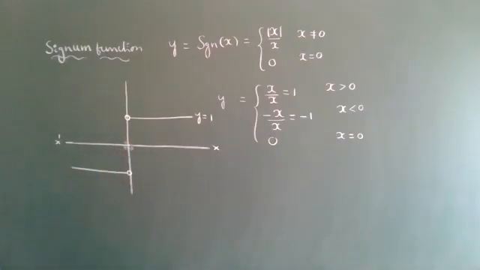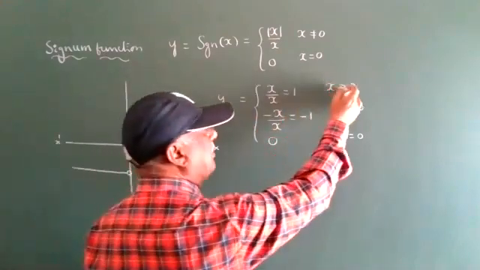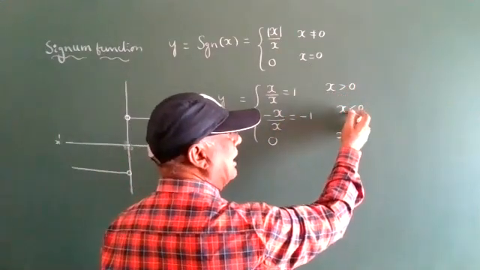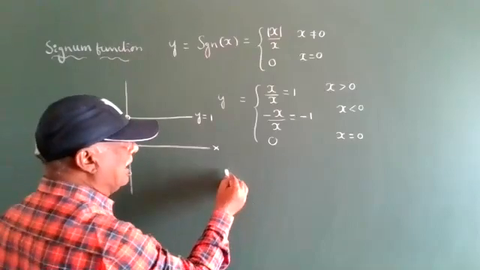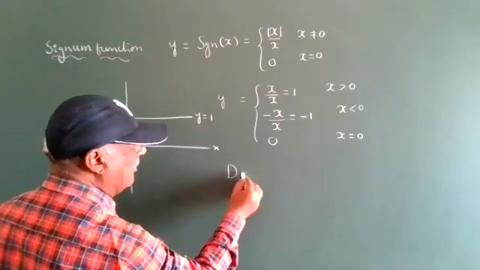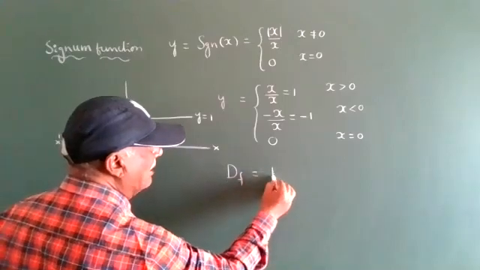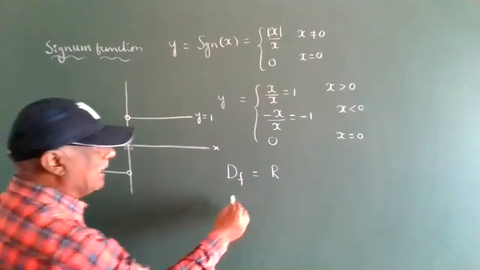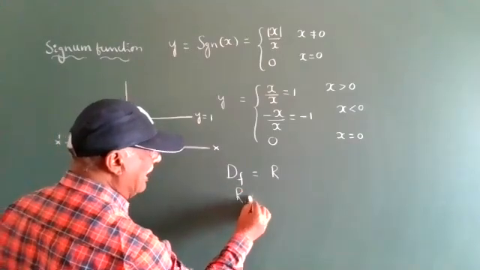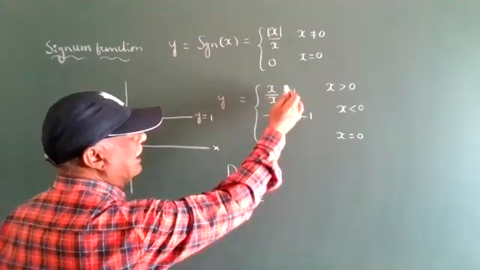So for signum, x values can be positive, negative, and 0, all the real numbers. The domain of the function is all real numbers, but the range has only three numbers. The range of the signum function is only three numbers.